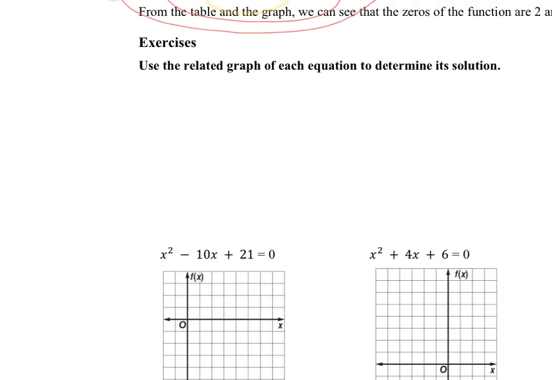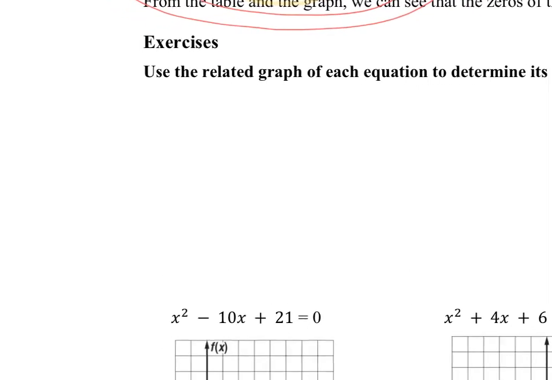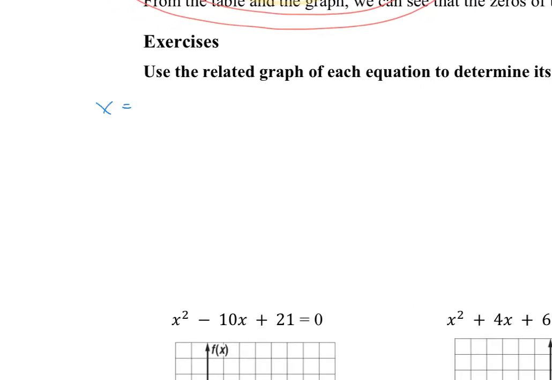So as always, whenever we're going to start graphing a quadratic, we need to find the x-coordinate of our vertex, which is negative b over 2a. So in this case for us, our b is a negative 10. Our c is that 21, which we may or may not need because that's our y-intercept. Our a is the invisible 1.